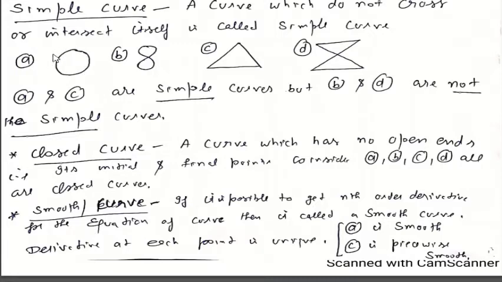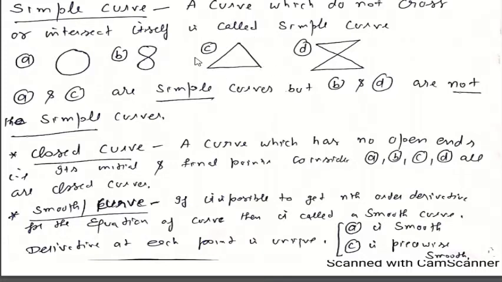Like here it is smooth, but here it is not smooth. From this point to this point it is smooth, but it has sharp corners. So it is piecewise smooth. In pieces, this piece is smooth, this piece is smooth, this piece is smooth, but overall it is not smooth.